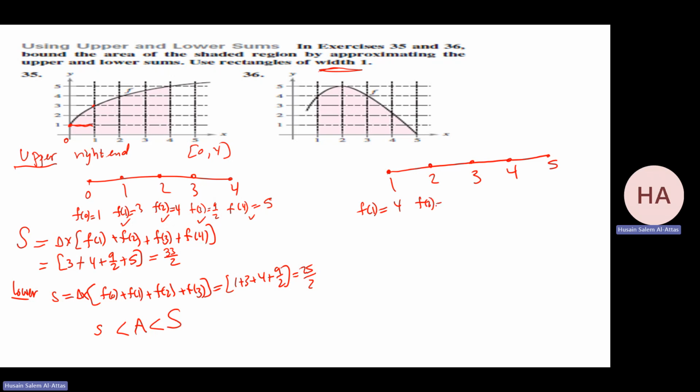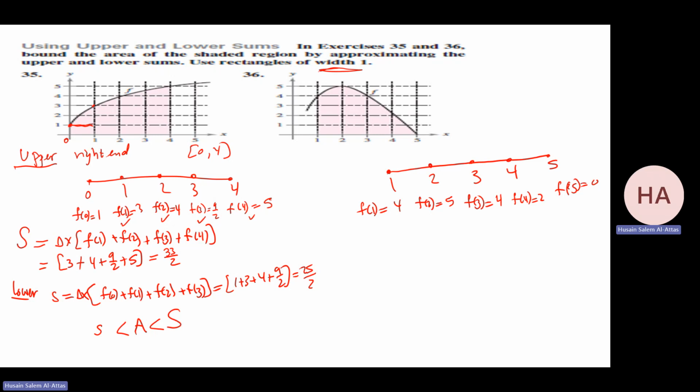F at 2 is 5. It's going up and down. F at 3 will be 4. F at 4 is 2. F at 5 is 0. Okay.